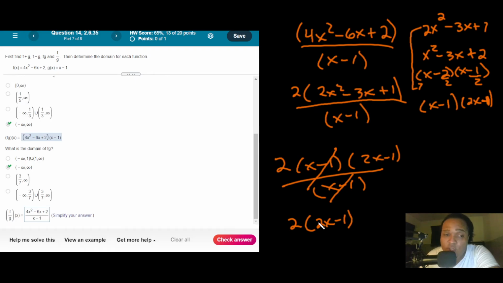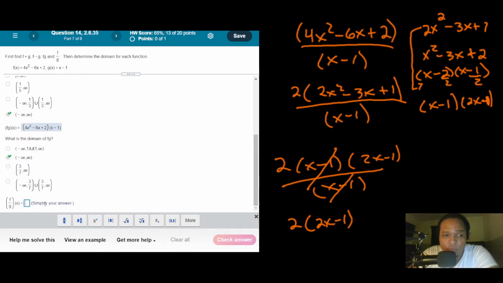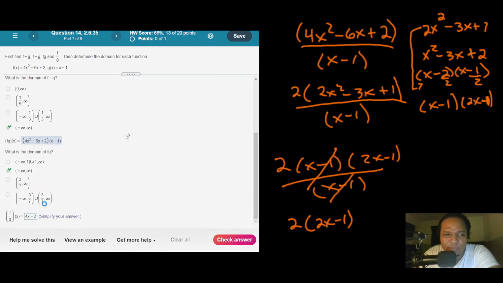If you want, you can distribute, but it's not necessary. But we were actually able to simplify. So I'm going to distribute: 4x minus 2, just to prove a point.